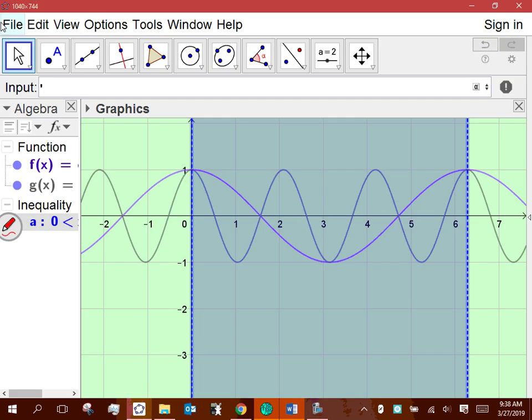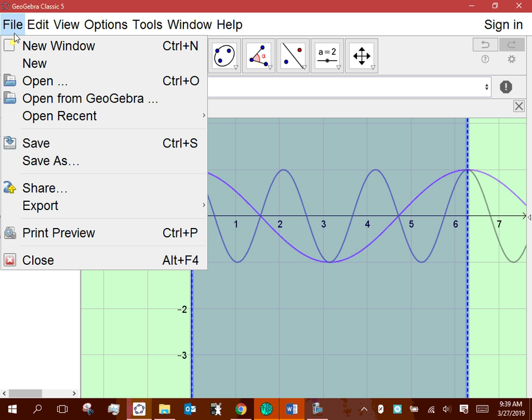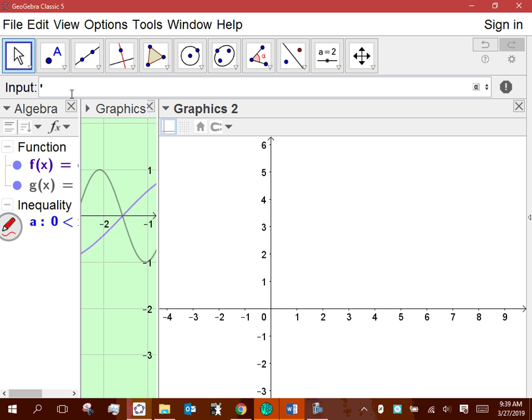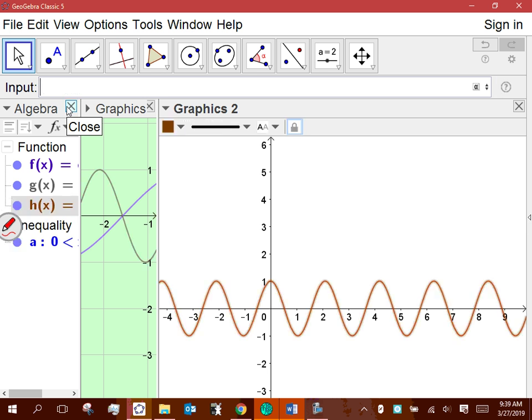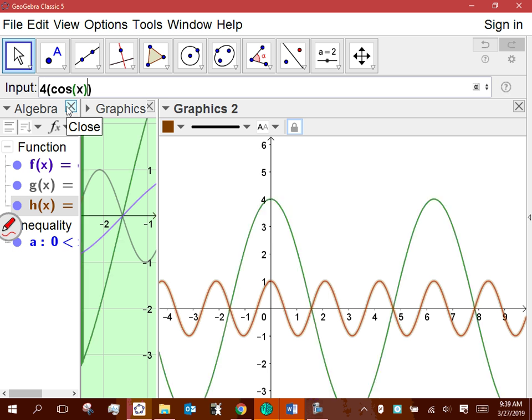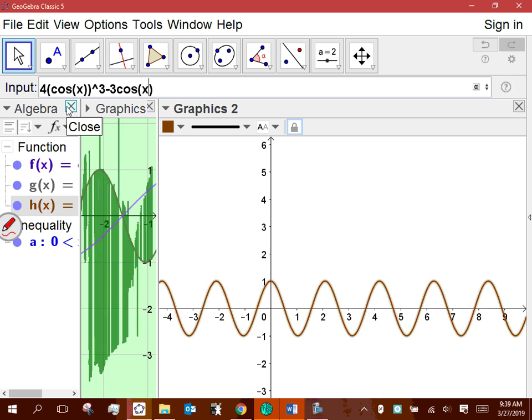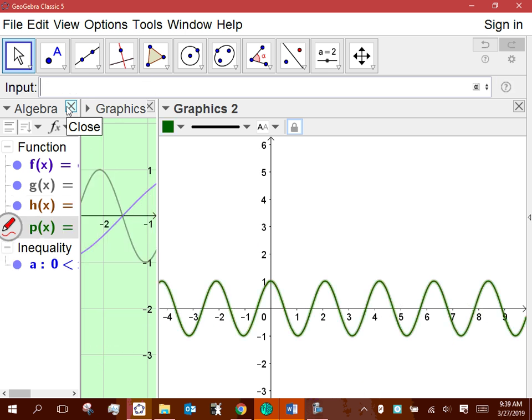And let me just get a new window up here. So if I were to just graph cosine of 3x and then 4 cosine of x cubed minus 3 cosine x, you see on the right hand side that those two curves are the same, right?